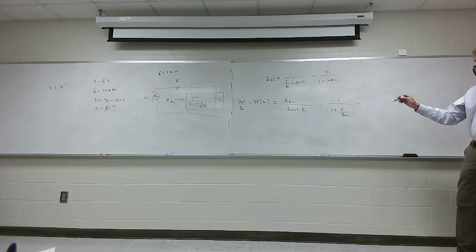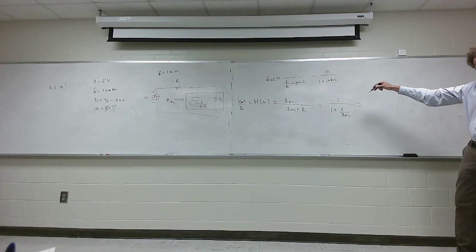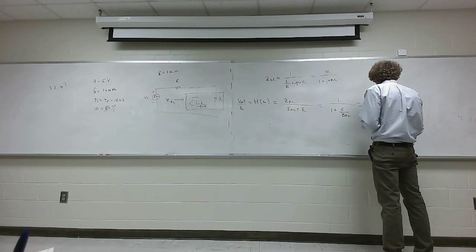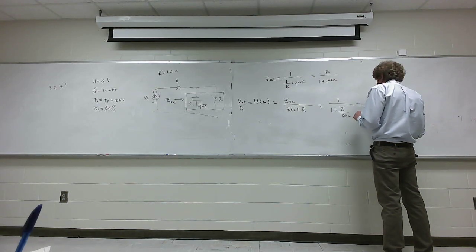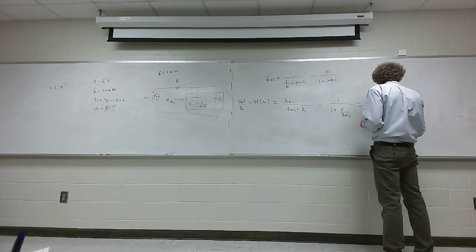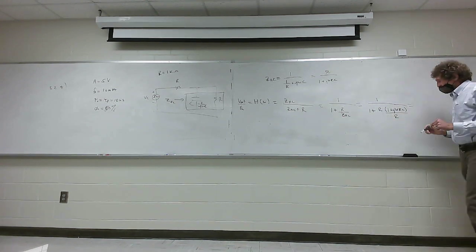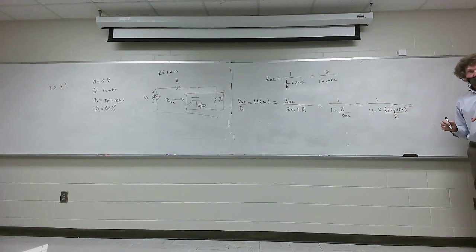Now, I'm going to plug that in here. Please watch this. So that means 1 over 1 plus R over ZRC, which is what? 1 plus J omega RC divided by R. You all agree with that? I'm just plugging in that ZRC. Do you all see this? Can you all in the back see this, right? Now, what is the one thing that's obvious? R cancels. You all see how R cancels, right?